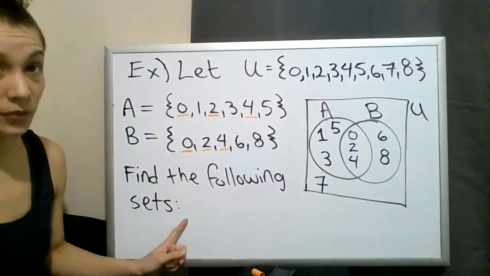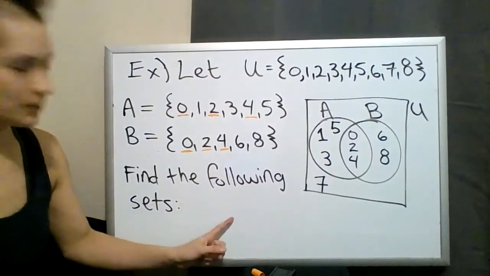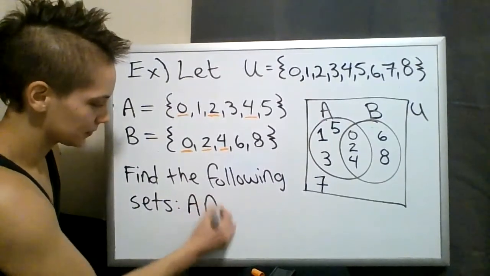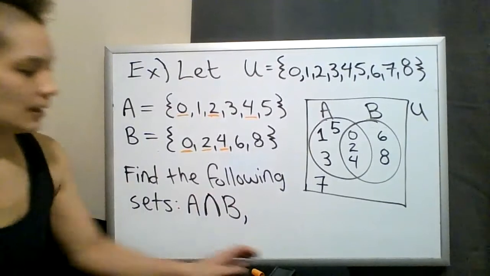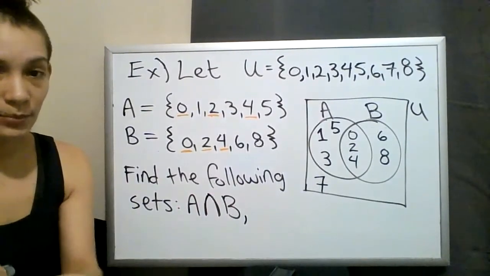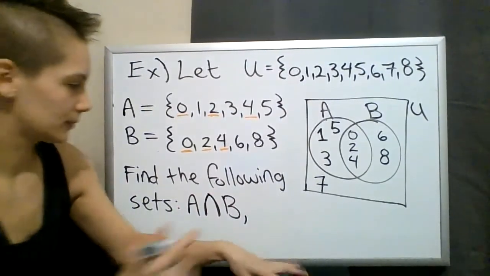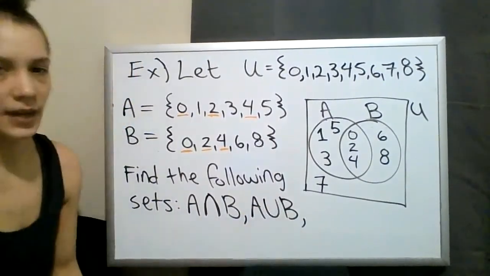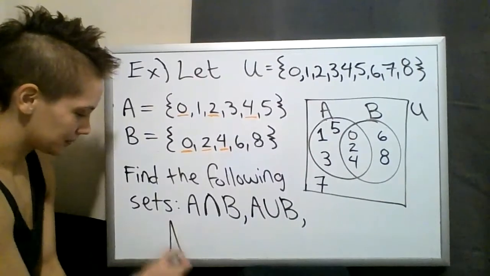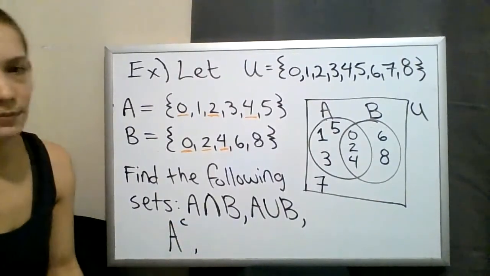Okay, the first set we'll look for is A intersect B. A union B. A complement. B complement.